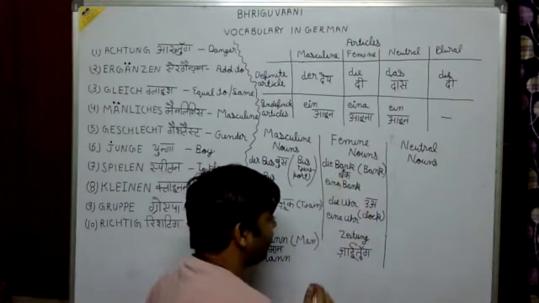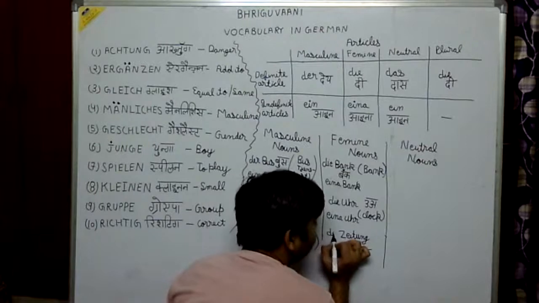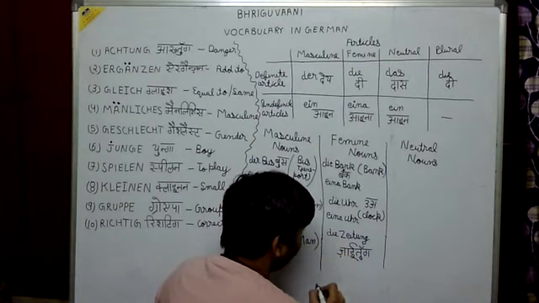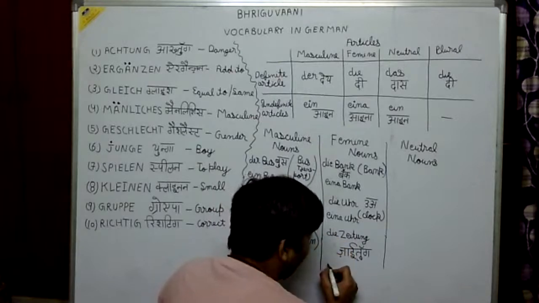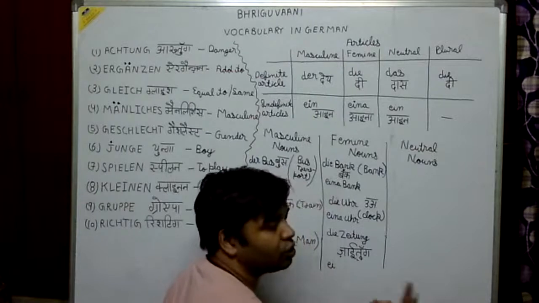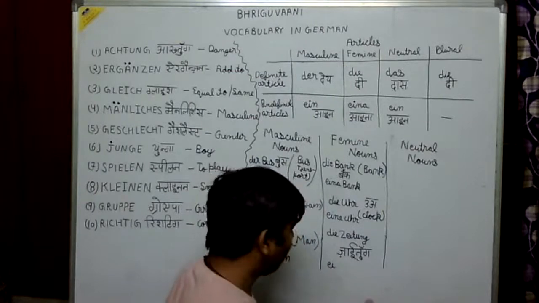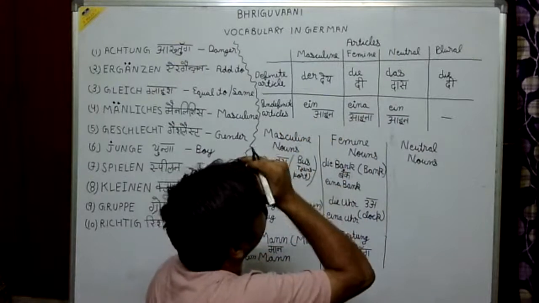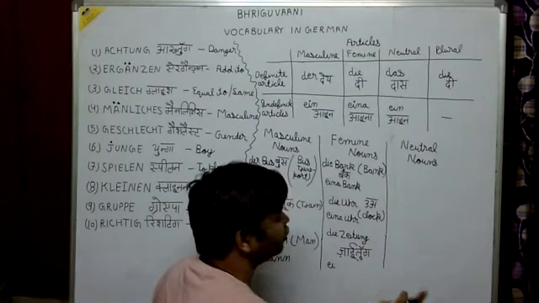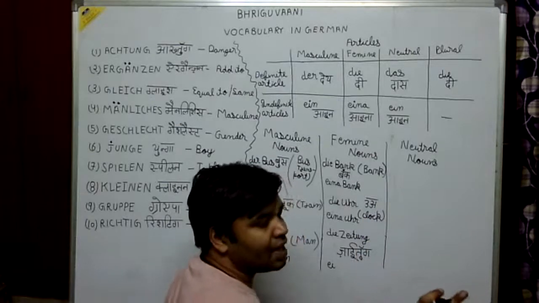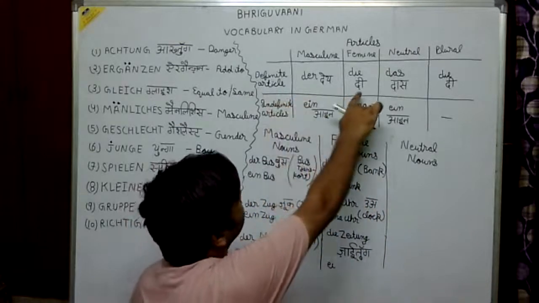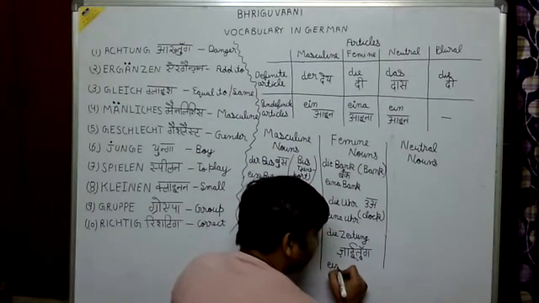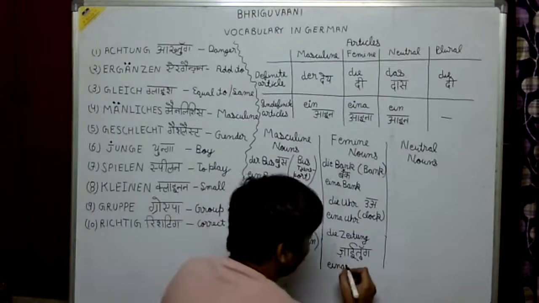So in the case of feminine nouns, we say die Zeitung. Sorry, for definite feminine nouns we are using die: die Zeitung. And for indefinite feminine nouns, we say eine Zeitung.